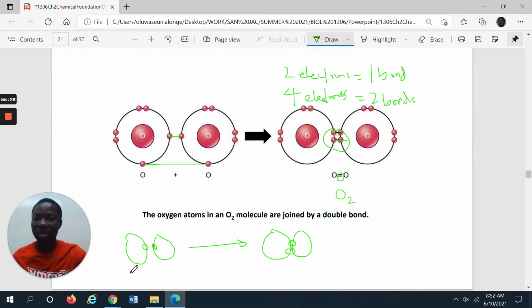So this used to be H, which is hydrogen element, and here is going to be H2. So that's a molecule. When two of the same elements come together, they can form a molecule, right?